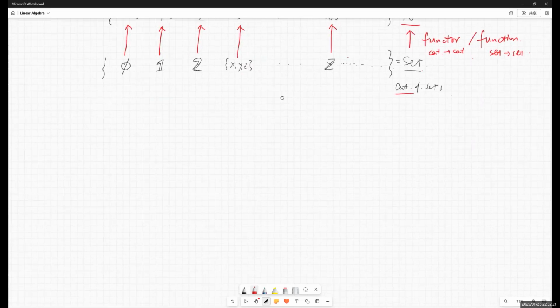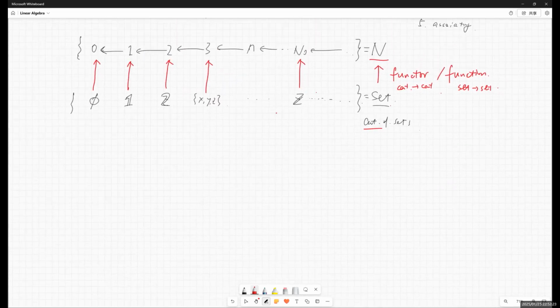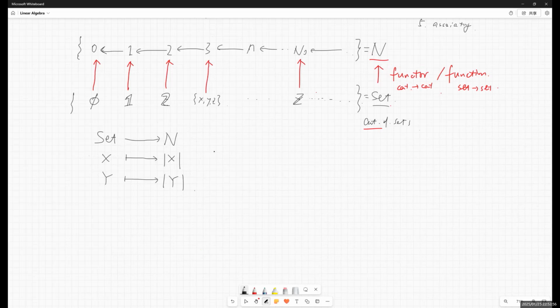And formally, we write a functor like this. The category of sets maps to the category of all the cardinalities. An object of Set, that means a set X, maps into the cardinality of X, and another object maps to that of Y. And there's a relationship between X and Y, right?